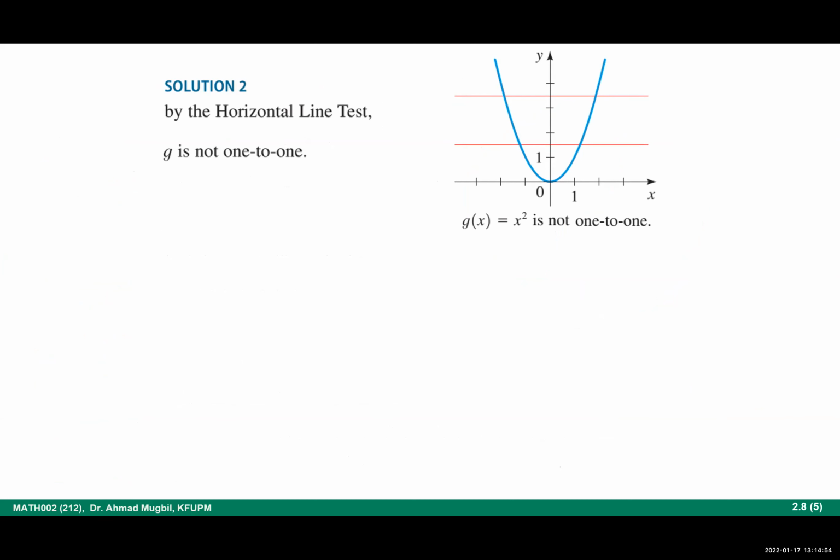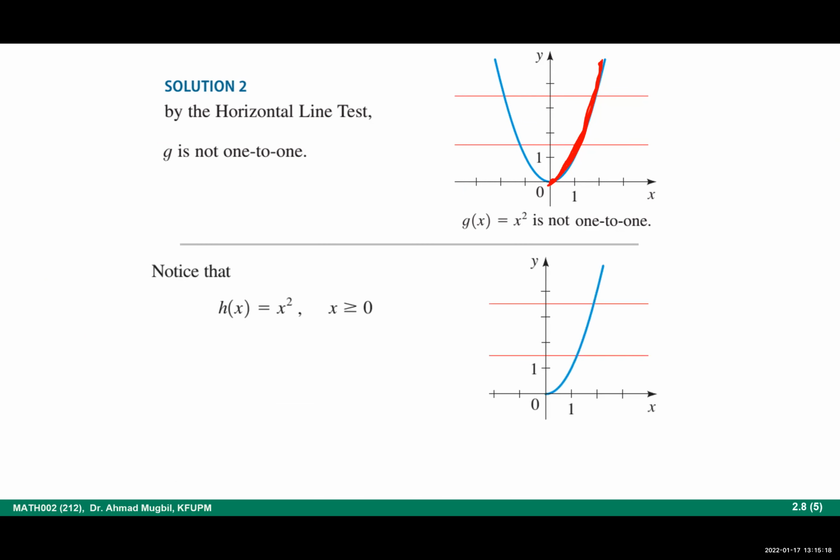So according to that, it will not have an inverse, because as we will see later, only one-to-one functions have inverse functions. In fact, if you take this part only, it will be one-to-one, right? Yes. So this is why we do what is called restriction on the domain.